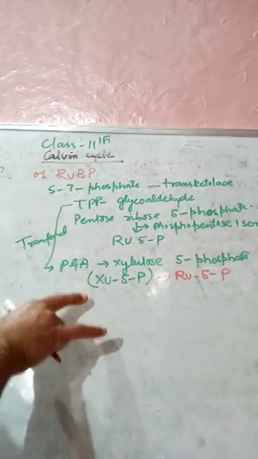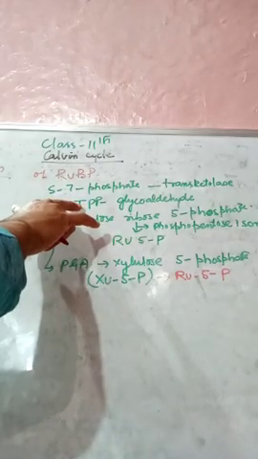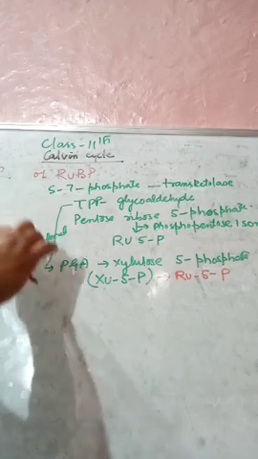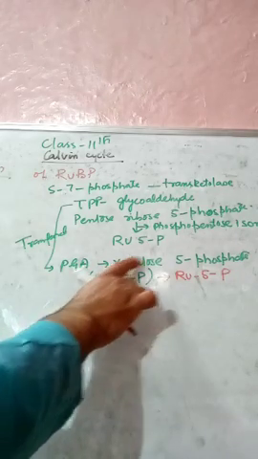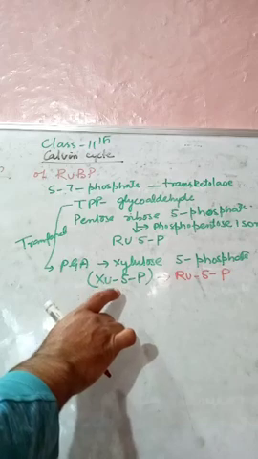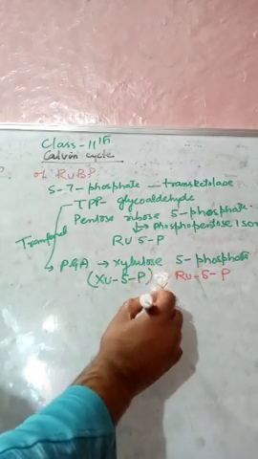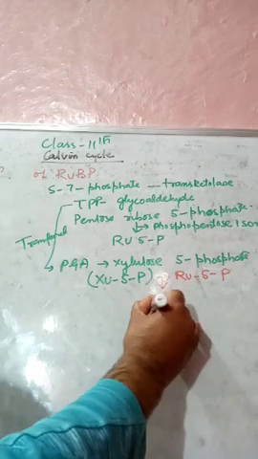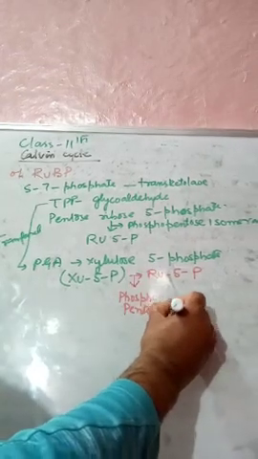So what we will see is that this TPP glycoaldehyde is transferred to the PGA forming xylulose 5-phosphate, which is converted into ribulose 5-phosphate by means of an enzyme phosphopentose epimerase.